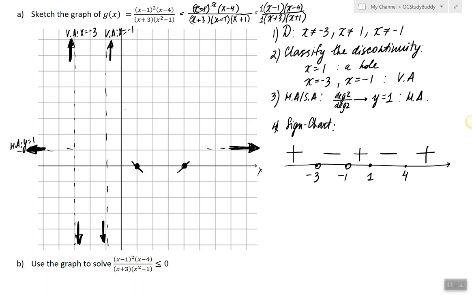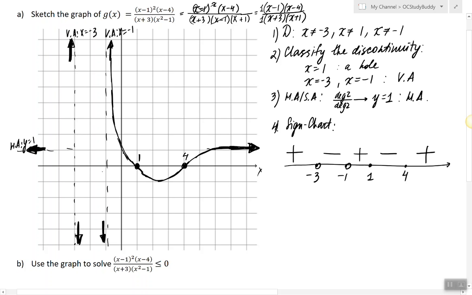So now we have everything that we need to sketch the graph. We simply just have to connect the dots and the arrows. So going from right to left, the function goes to 0 at 4, passes through, turns around somewhere, we don't know where, goes to 1, crosses at 1, and goes to infinity as x approaches -1.